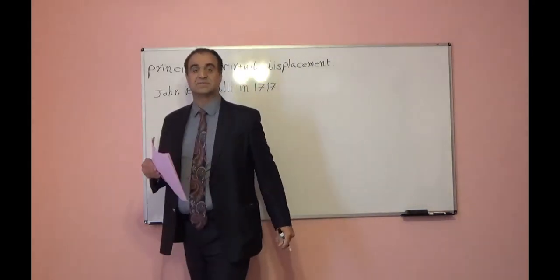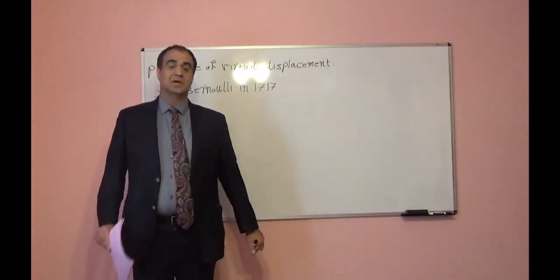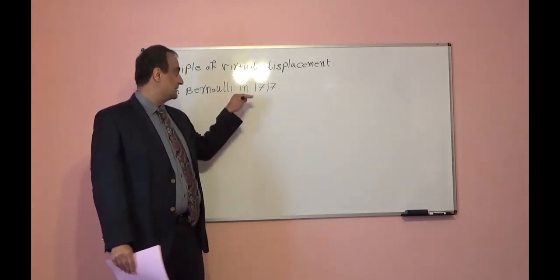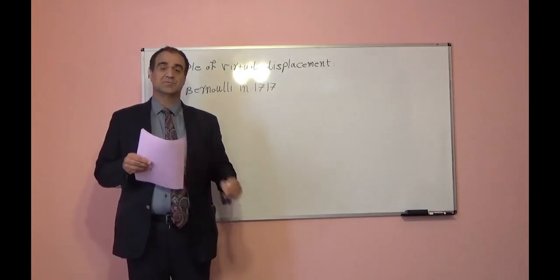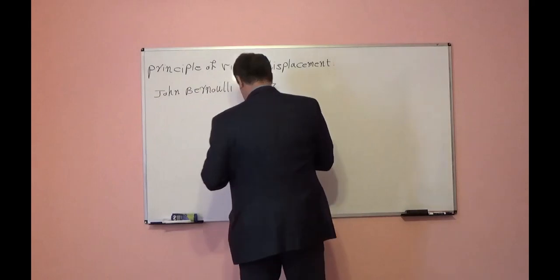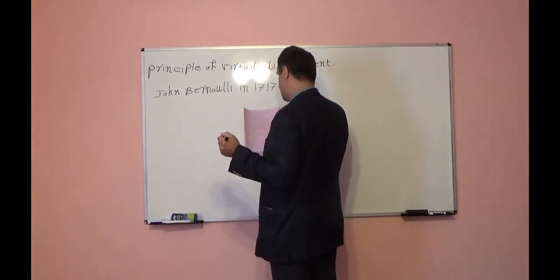John Bernoulli first formulated this method, and it is based on the principal work method, and he invented this. He was a Swiss mathematician, and this method is based on the energy method.